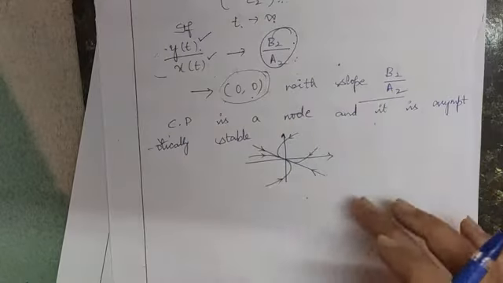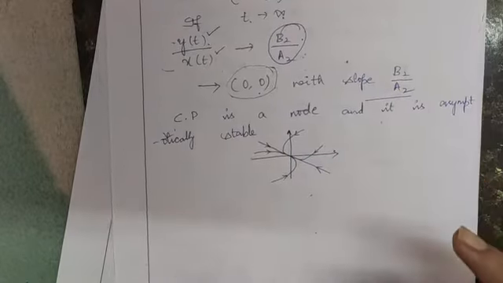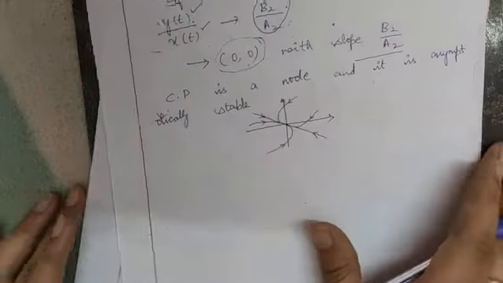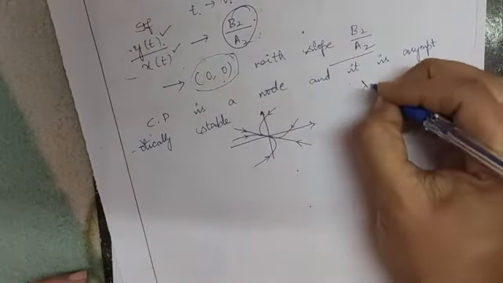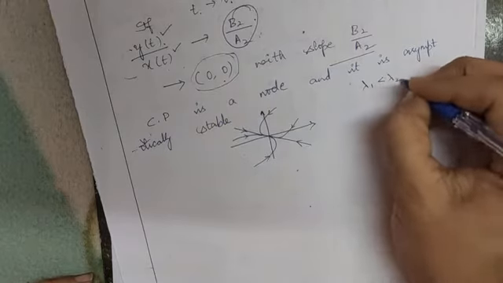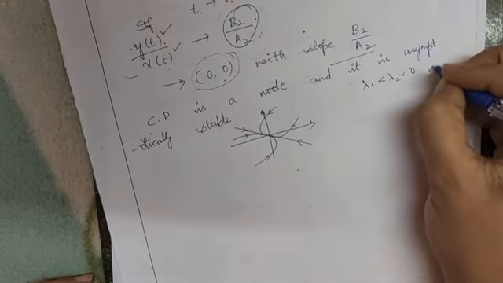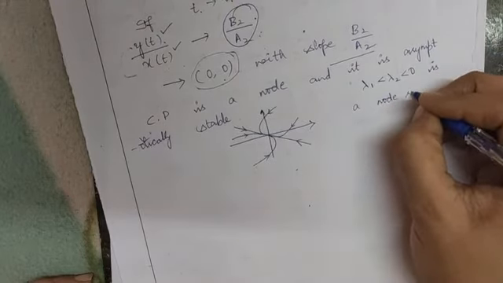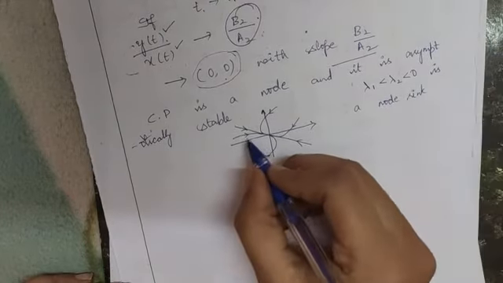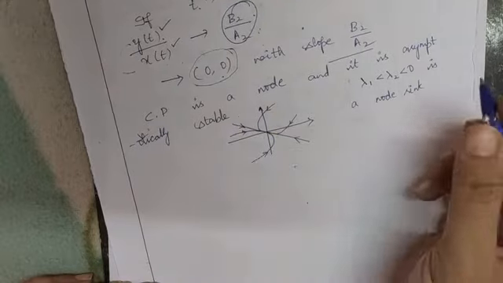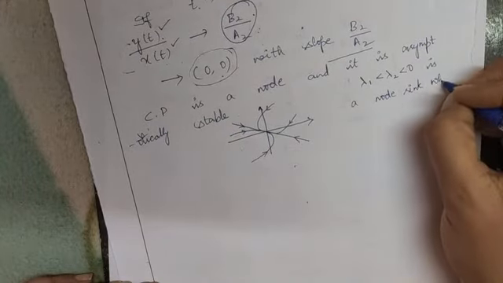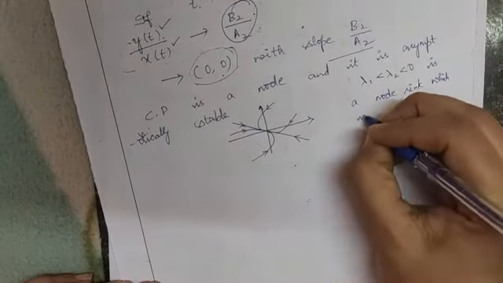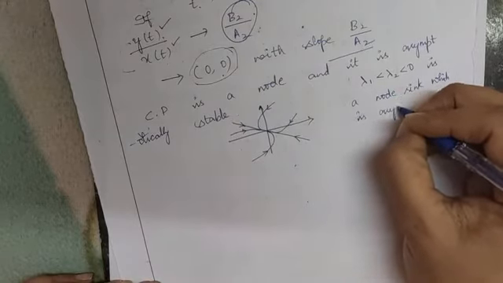This is how we will represent it pictorially. That means if lambda 1 is less than lambda 2 and less than 0, it is a node sink. Sink means it is towards the origin, which is asymptotically stable.